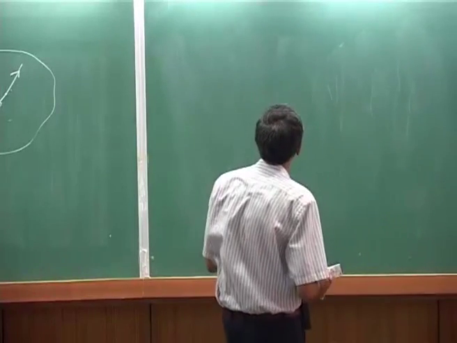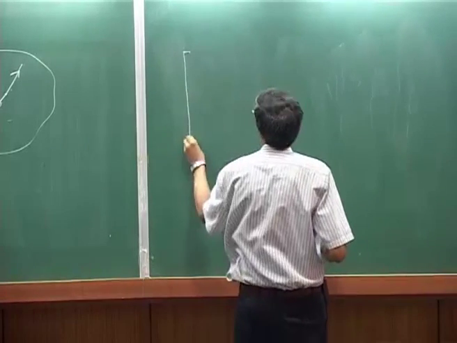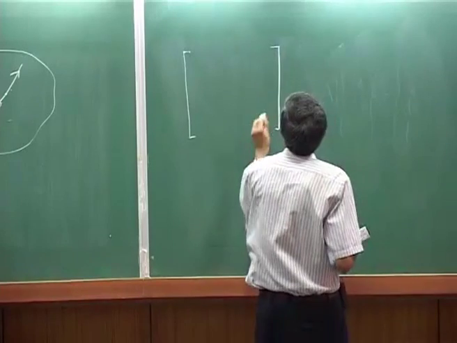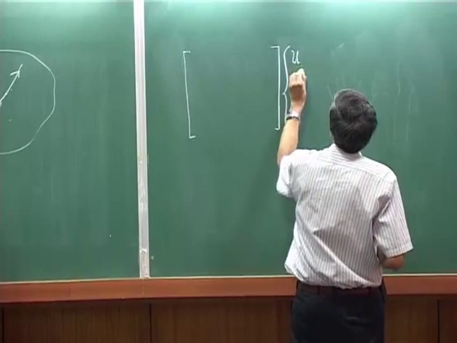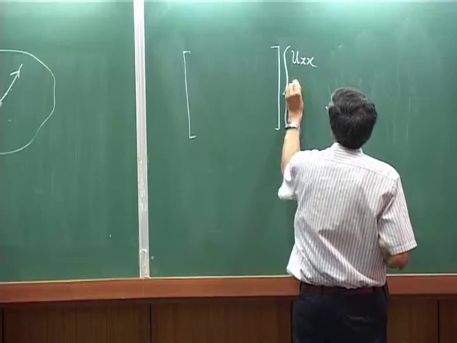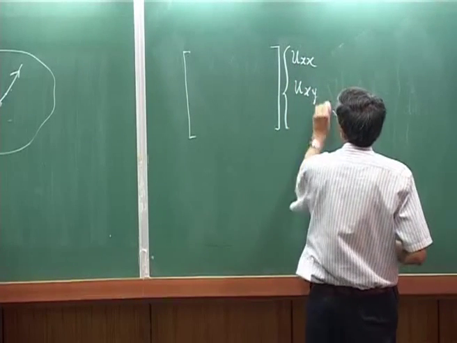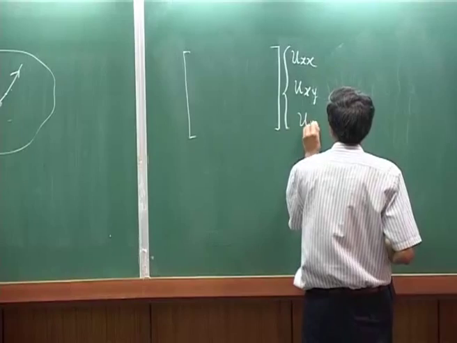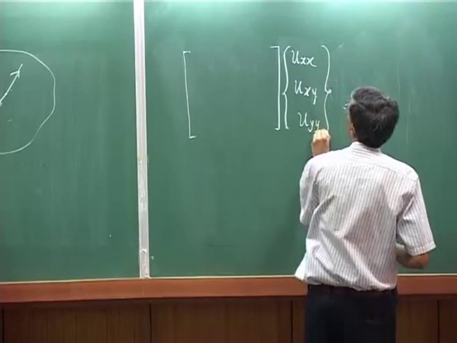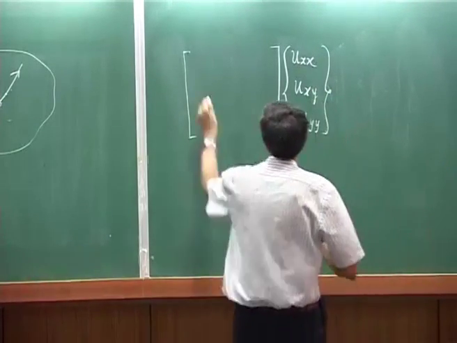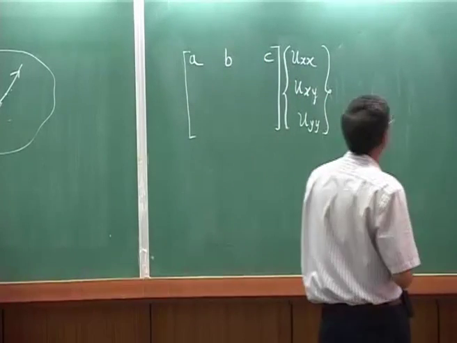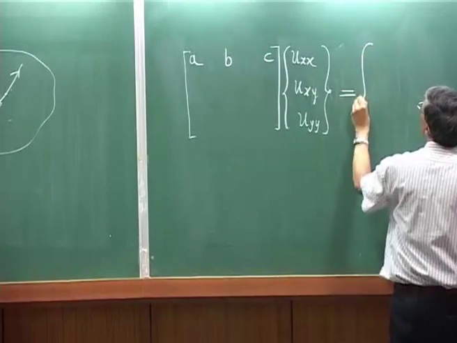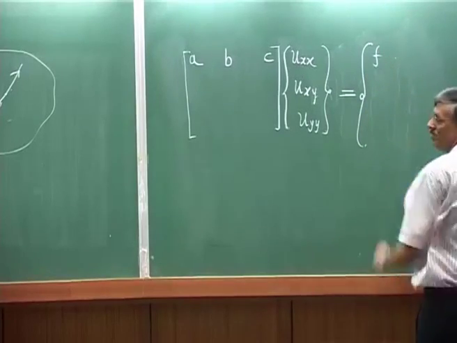Let us first identify what the unknowns are. So, we are trying to evaluate these as unknowns. One of them is given here as A, B and C. On the right hand side we have F.